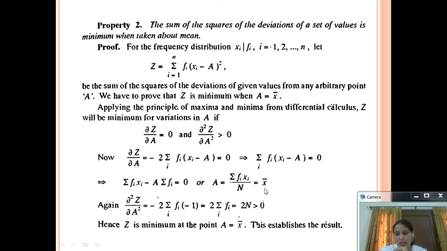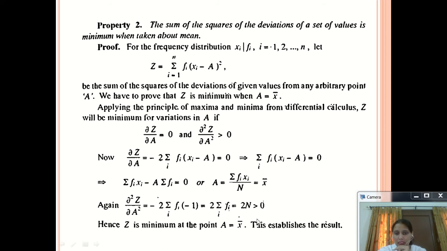Now we will check for minimum value using the double derivative. Find its double derivative: minus 2 summation fi, that will be minus 1, so the value will be 2n, greater than 0, because n is the sum of frequencies and can't be negative.